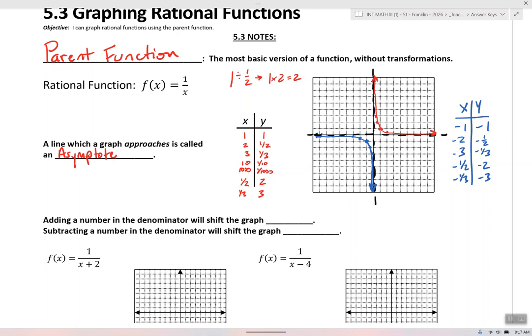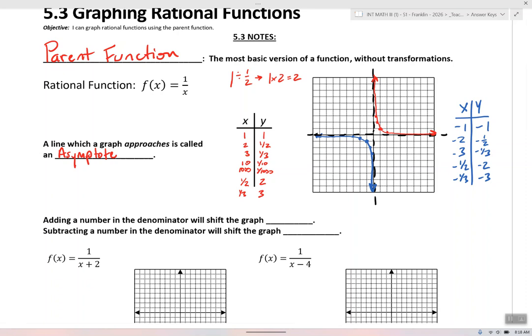It'll get infinitely closer and closer, but no matter what number we put in, it's never going to equal that line. This function can never equal 0 for any value of x because it's not possible to put 1 over 0. And so it's an impossible value for this function, which will just approach.